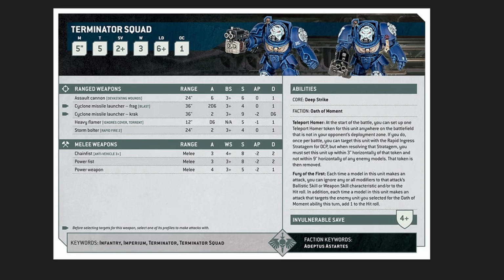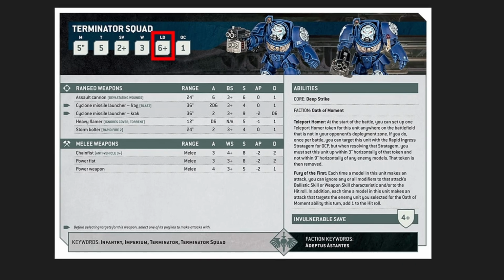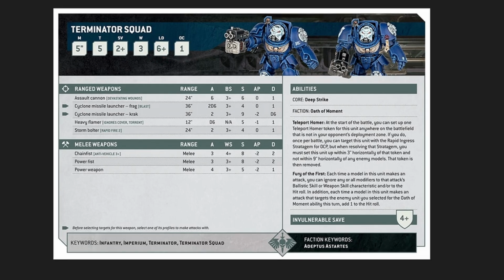The next stat is LD. LD will stand for leadership, and this is used for leadership tests as well as determining battle shock. Battle shock is a condition that we will go over when we talk about the command phase in a later video.